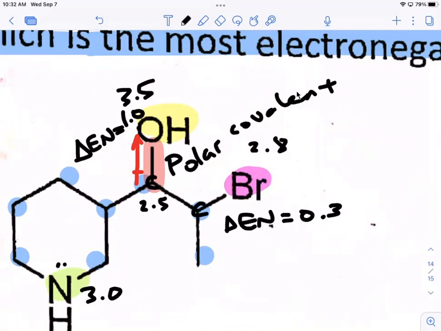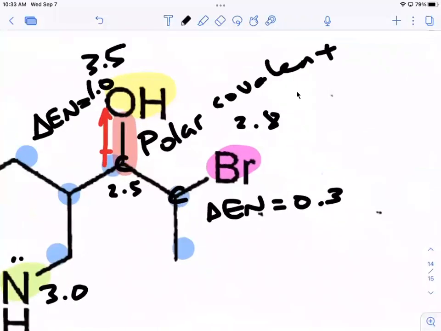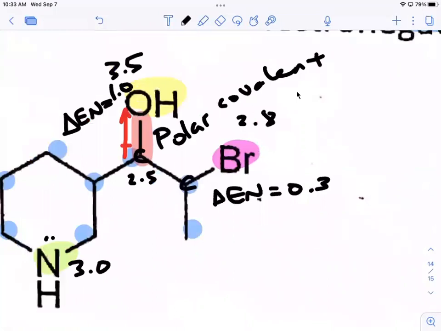Bromine is 2.8, carbon is 2.5. So is that bond polar covalent or non-polar covalent?